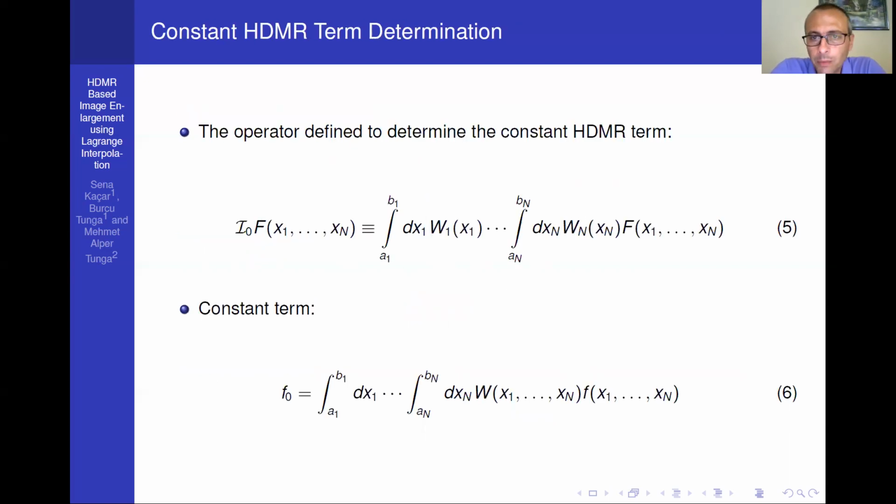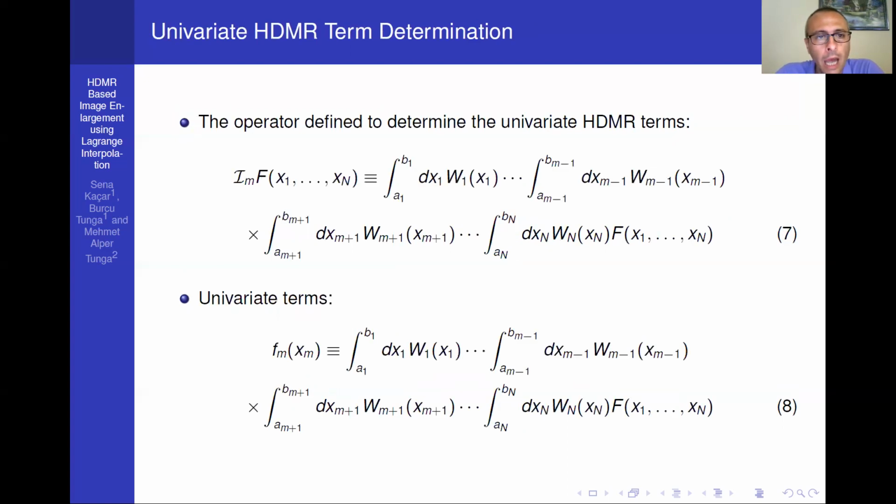To determine the HDMR components, we define some operators. This is the constant operator. It is an n-tuple integration. Here, this capital F function is a square integrable function. When we apply this operator to both sides of the HDMR expansion, we get the relation given in 6 for the constant HDMR term.